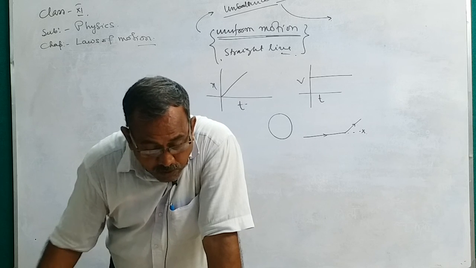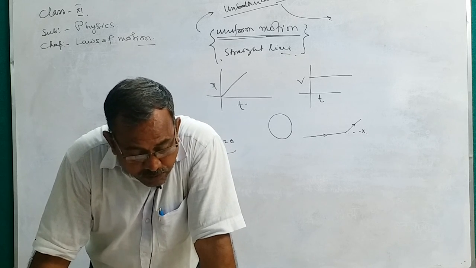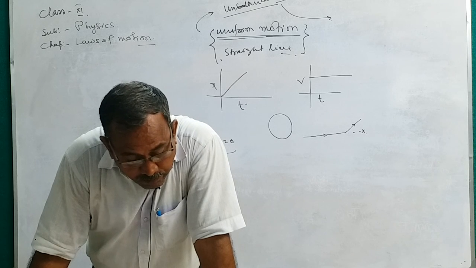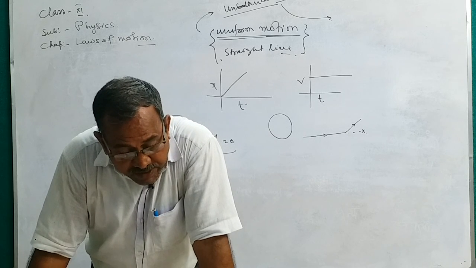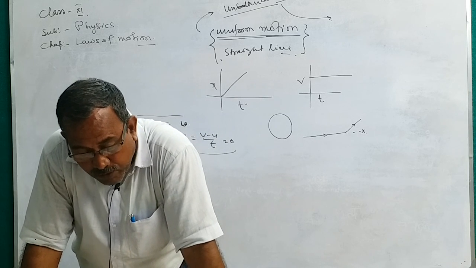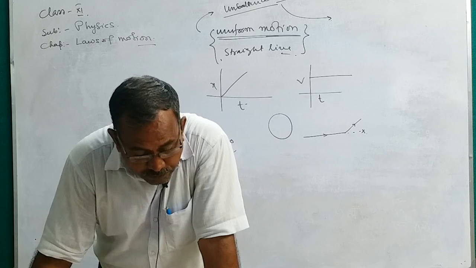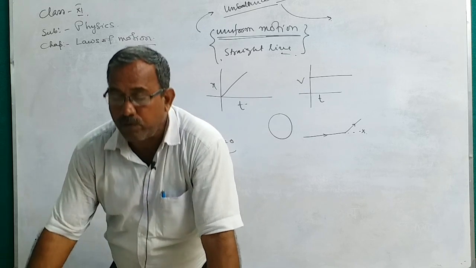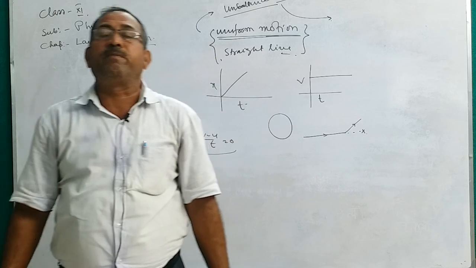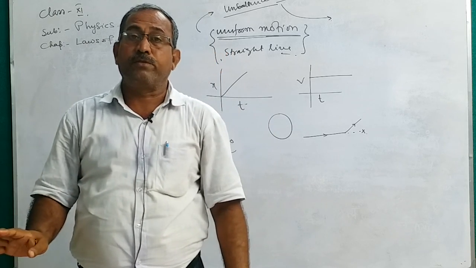So, the definition of force from Newton's laws of motion: force is something which changes or tends to change the state of rest or uniform motion of the body in a straight line. Thus the definition of force comes out of Newton's first law of motion. So my dear students, remember it: the first law describes the definition of force.